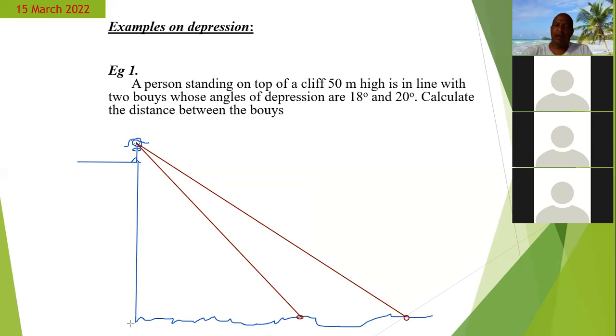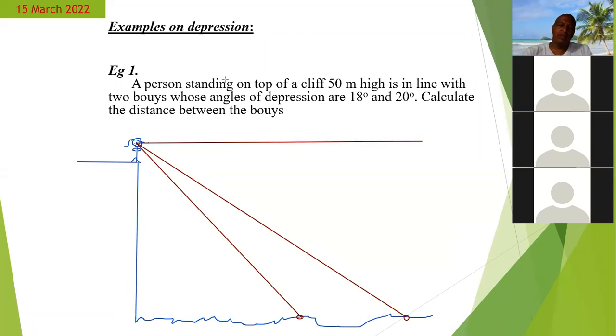Remember what I said to you about the horizontal line? It must come from the line of sight, from the height of the person. Okay, sir. So the horizontal line will have to come from the eyesight of the person, just the same. All right, so let's say that this is our horizontal line.